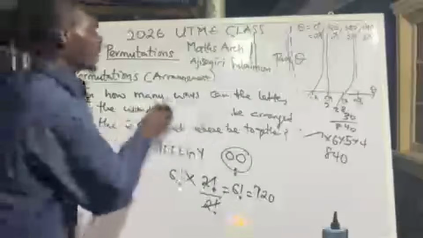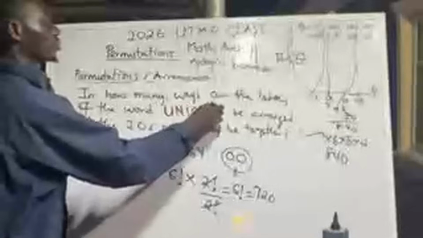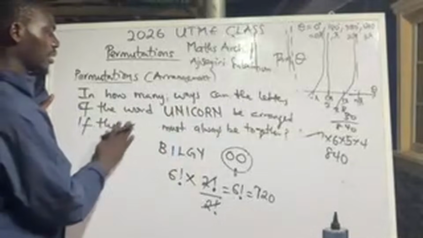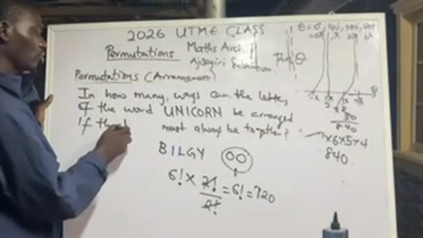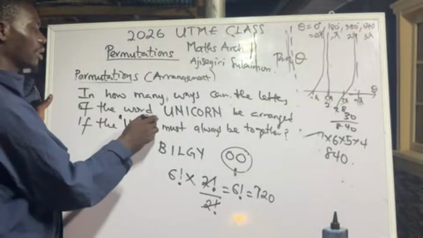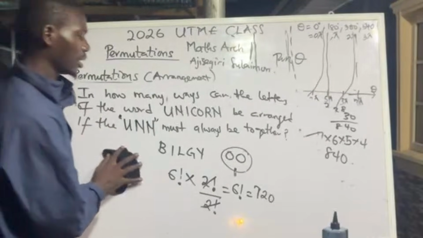In how many ways can you arrange the letters of the word unicorn, if the vowels must always be together?